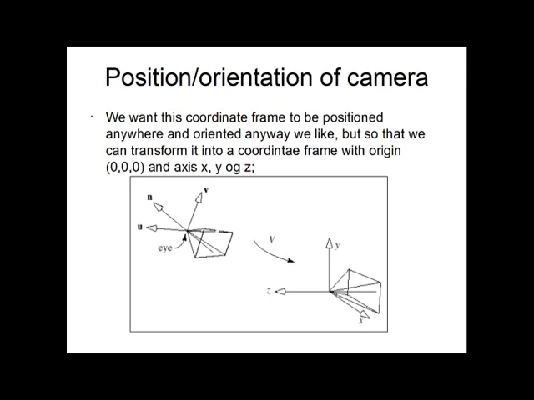Or take their coordinates as they are represented globally and represent them instead locally in the camera's coordinate frame, making the camera, in either case, the center of the universe and the main point that everything is relevant to.